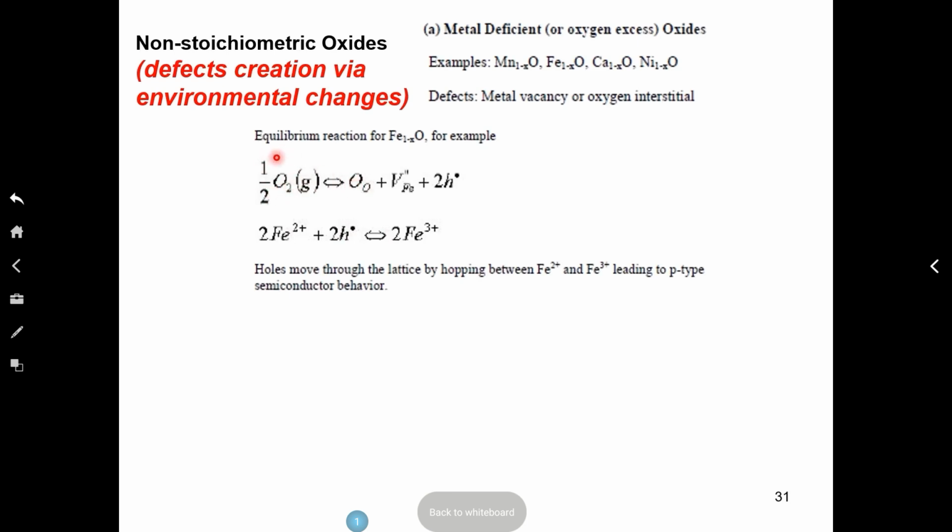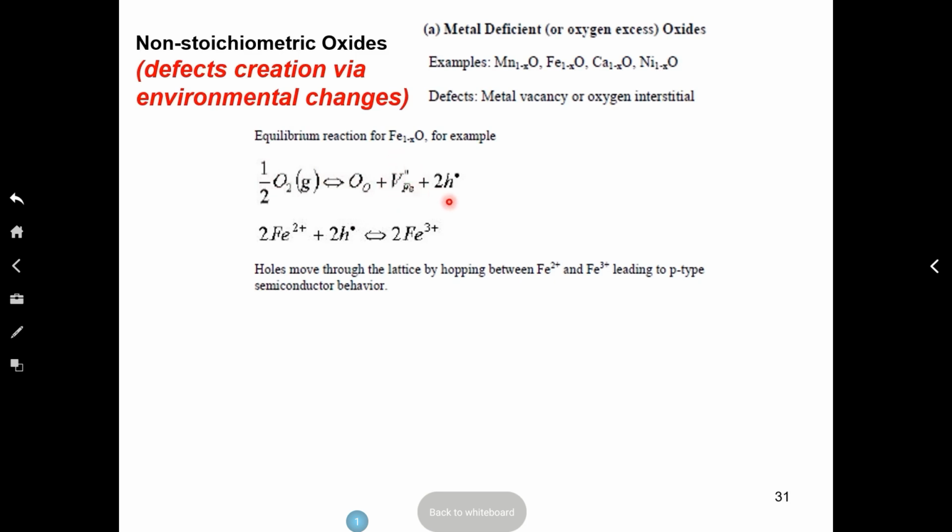And depending on the PO2, it's going to create deficiency on the iron sublattice. The deficiency is presented in terms of vacancy on the iron. Okay. So you change PO2, that will change the number of iron vacancies, or that quantity x that you can actually control.